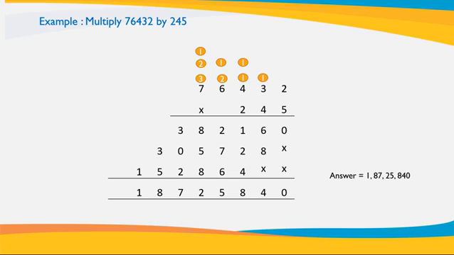Write 2, carry over 1. 2 sevens are 14. 14 plus 1 is 15. After you have completed the 3 steps, you have to add the digits in each place one by one, and you will get the answer as 18725840.